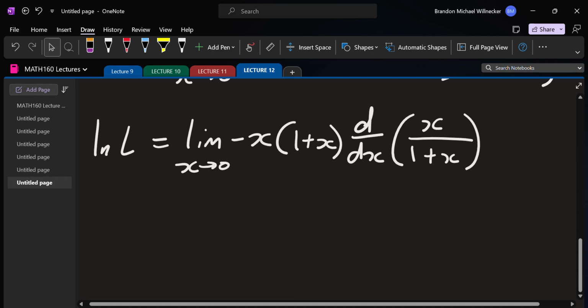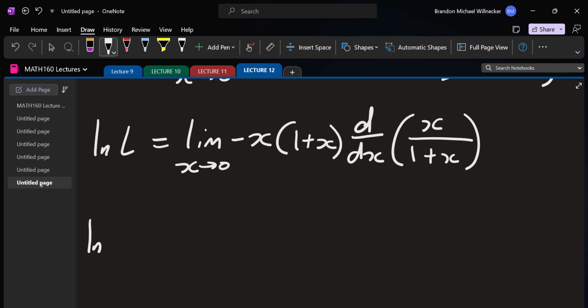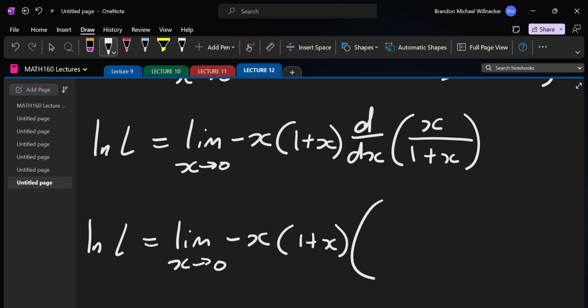Okay, but that's fine. We can work with that. It's a quotient, so we're going to have to use the quotient rule. That's not so bad because it's just x over 1 plus x. Not too much to worry about there. So that's going to be the natural log of L, the limit as x goes to 0, minus x, 1 plus x. Okay, and let's do this with the quotient rule now. So we've got x divided by 1 plus x.